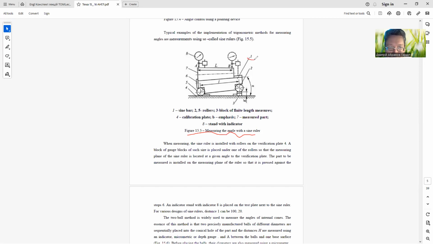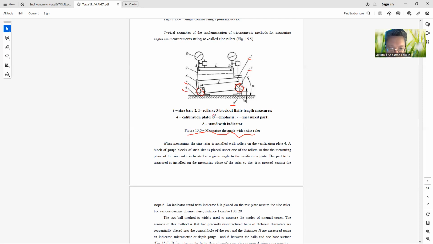Position number 1 is the sine bar. 2 and 5 are rollers. Position number 3, block of finite length measures. Position number 4, calibration plate.